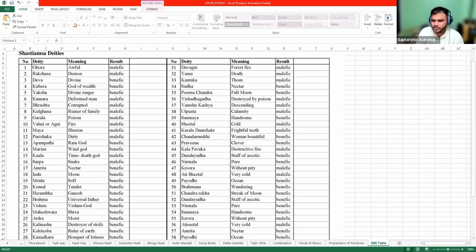Every planet will show you some body part, or some tattva, or in terms of Ayurveda, Vata, Pitta, Kapha. You can have an idea by seeing the planet.